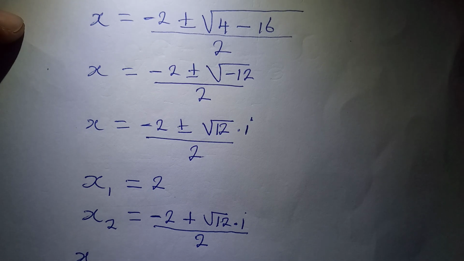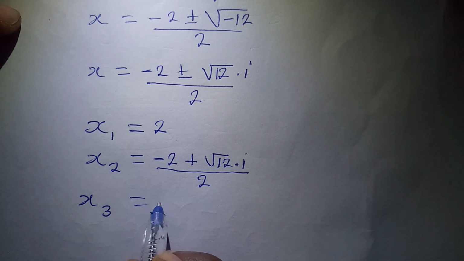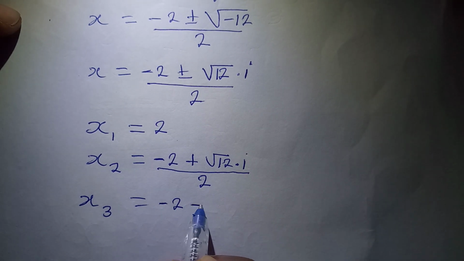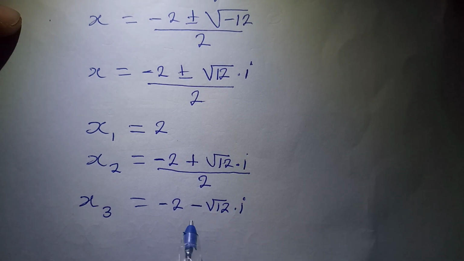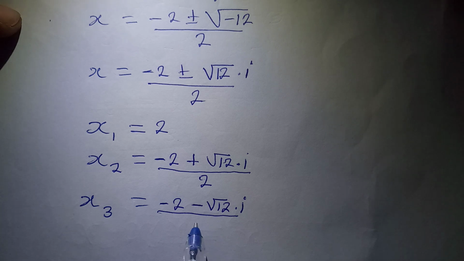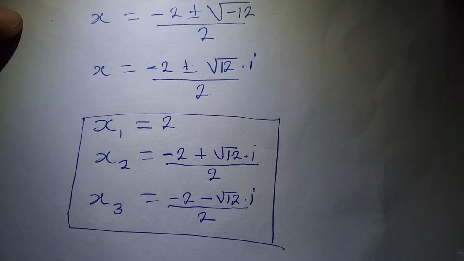Then our x3 will be equal to minus 2 negative square root of 12 i, everything over 2. So these are the 3 solutions to the equation.